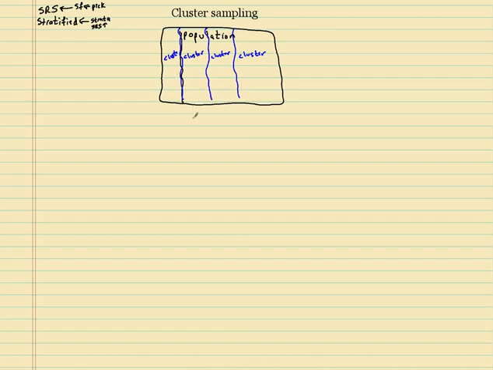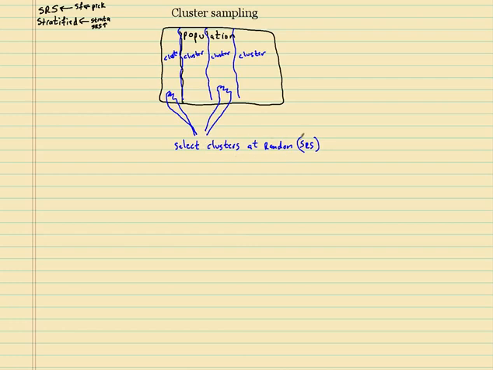And what I'm going to do is I'm just going to reach up here and take this cluster. Okay, and I'm going to take this cluster. So you select clusters at random, okay, using an SRS.